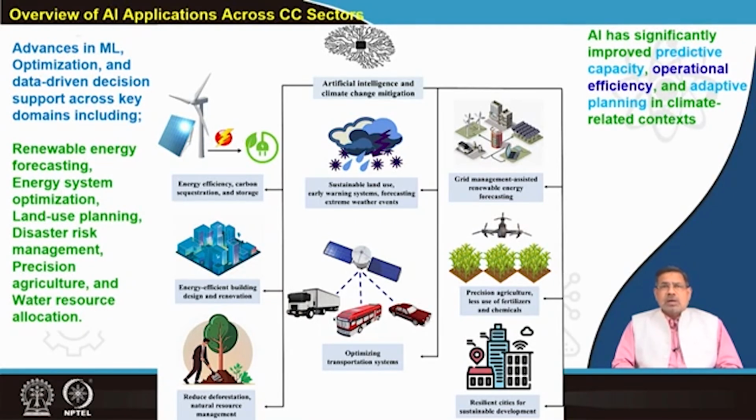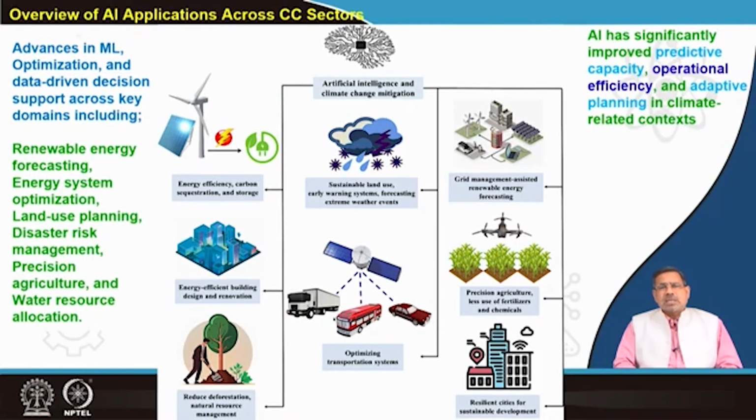Coming to the eighth one is the resilient cities for sustainable development. Through a lot of sensor devices, a lot of data are collected, generated, processed and also analyzed. So that is how the AI helps in the climate sector in various applications.